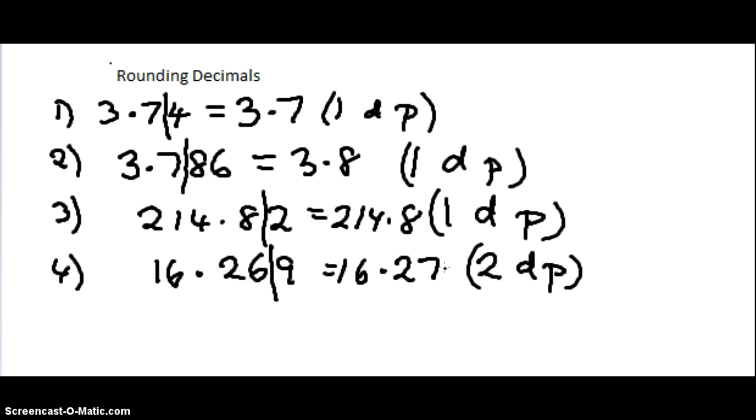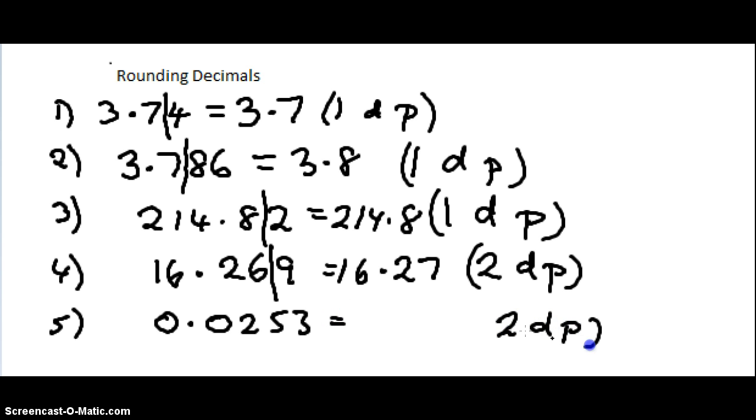Now continuing in this way, if we look at a few more examples, number 5 for example, we have 0.0253, and this time let's still assume we're looking at 2 decimal places.